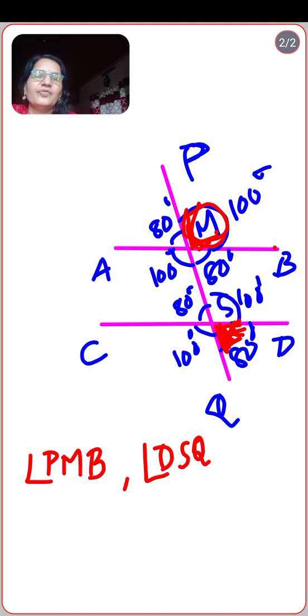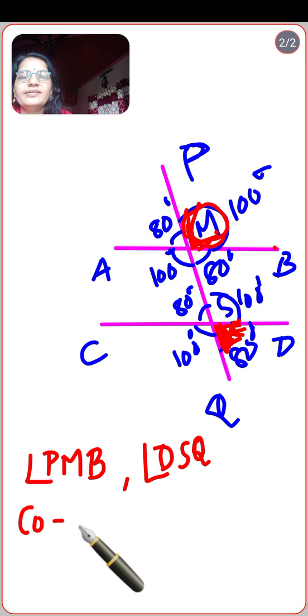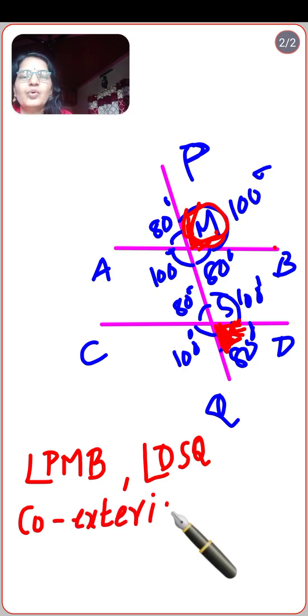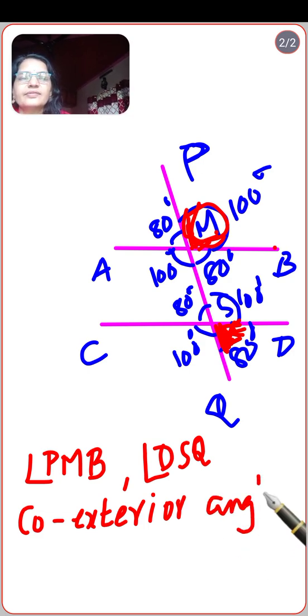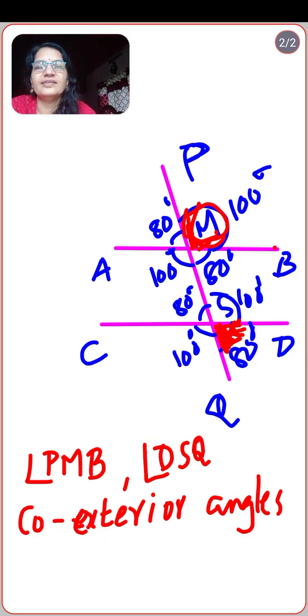Such a pair of angles is known as co-exterior angles. What's the speciality of co-exterior angles? They are on the same side of the transversal and in the outer part or exterior part of the parallel lines.